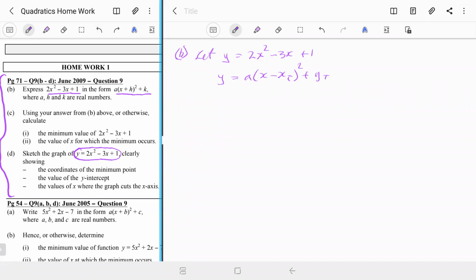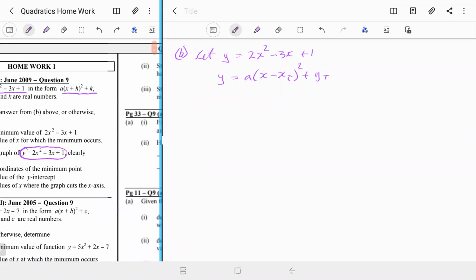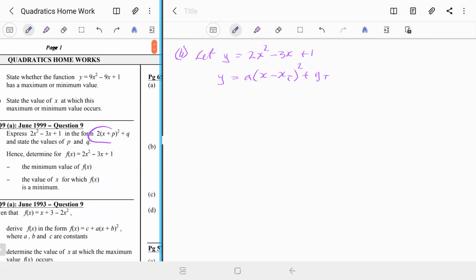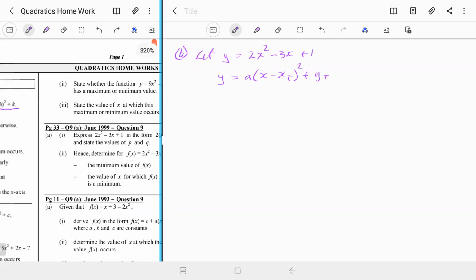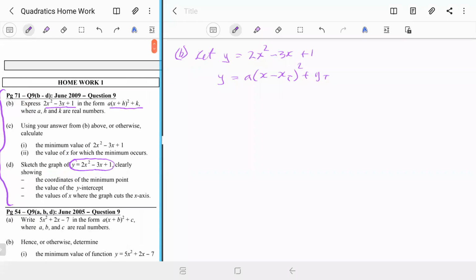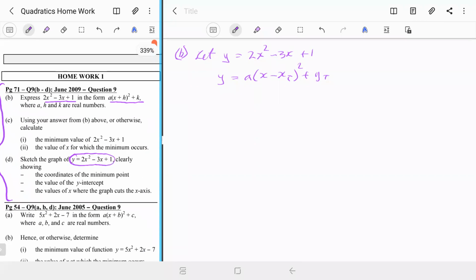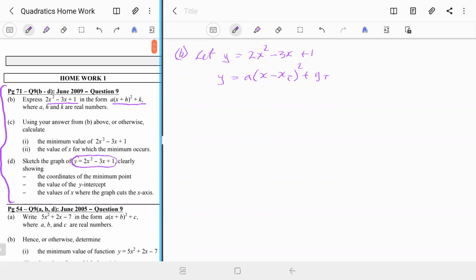That's because they're inconsistent: this year they give a, h, k, another time a, b, c, or p and q. Every time you look at a paper they give you something different, so we want to remain consistent with our approach. We don't care about the expression they use; we just know they want us to complete the square, so we do it in one standard way.